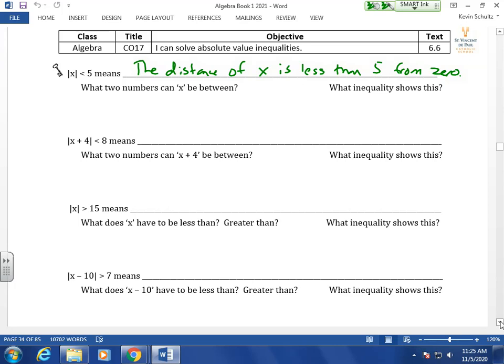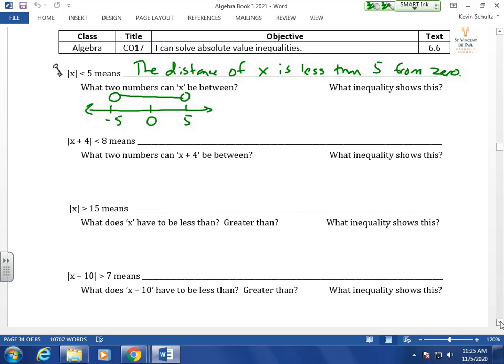So if we were to make a number line here, what two numbers could x be between, if x is less than 5 from 0? Elise? 5 and -5. Does this look pretty familiar? Okay. Absolute value inequalities require an understanding of compound inequalities because we have that other side of 0.